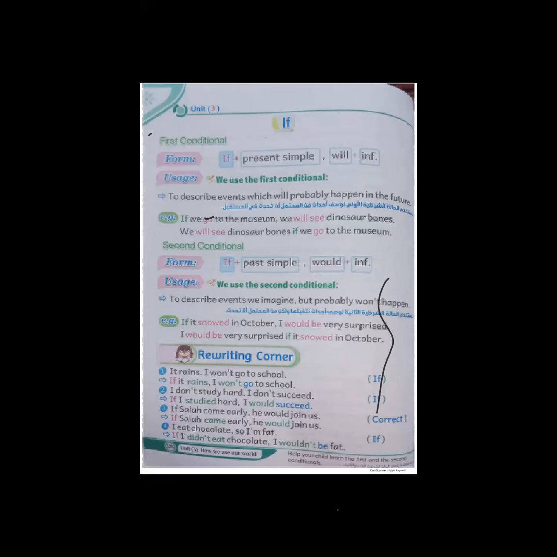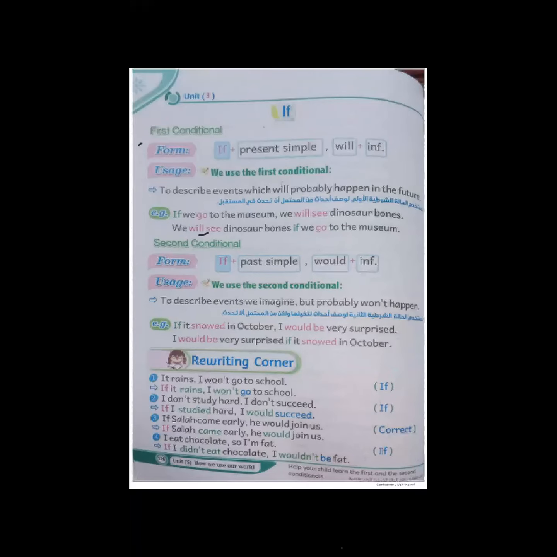Okay, Rahaf, read this. If we go to the museum, we will see the dinosaur bones. Okay, so if at the beginning of the sentence: if plus present simple plus future simple will plus infinitive verb.